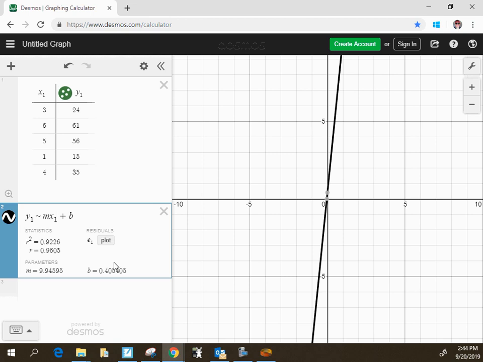And there is our slope and our y-intercept. So we have a slope of around 9.9 and a y-intercept of around 0.405.